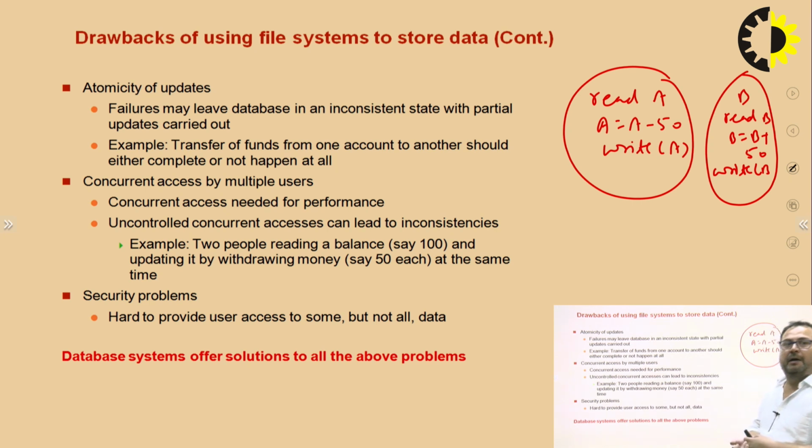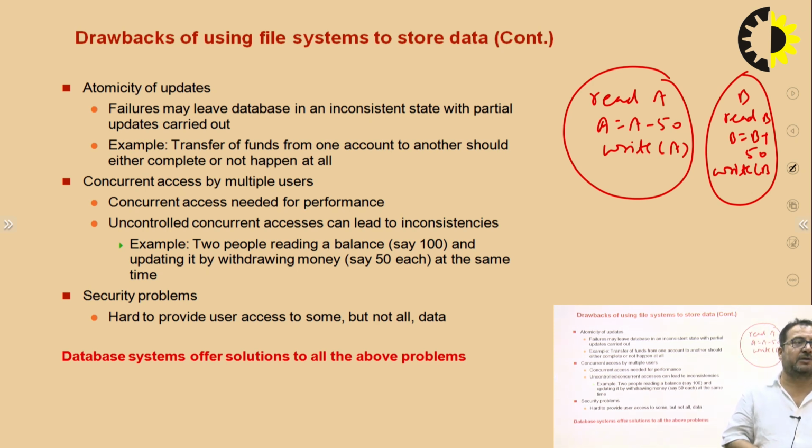If we use a file system, we find that maintaining these kinds of transactions was not possible. The next one is concurrent access by multiple users. For example, in online transactions like railway reservation, so many users are accessing at a time.